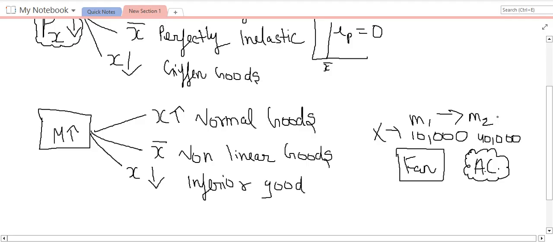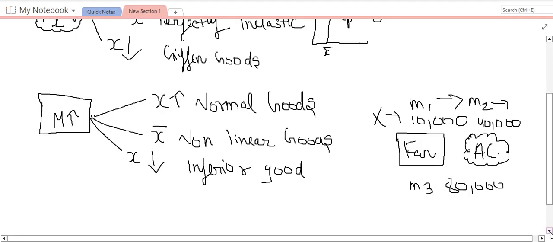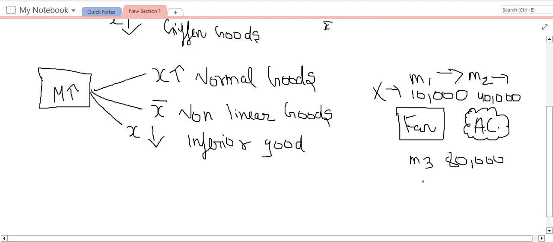Now, suppose his income again increases to, let's say, 80,000, after 6 more months. Now, he does not increase his demand for fan or AC. He increases demand for a vehicle. Let's say he purchases a car from monthly savings and all, and he does not purchase any fan or AC kind of thing.